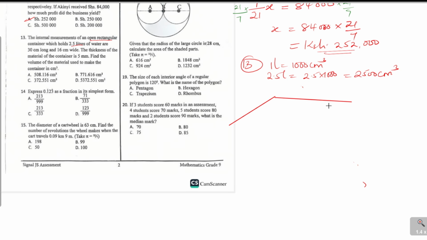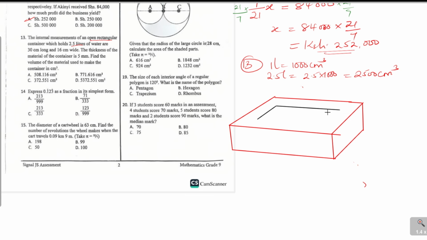So if I draw a bigger one like this, just a sketch. So that is the bigger one. So the internal measurements, so these are some thickness. This is what I'm trying to draw. So that is how it looks like.